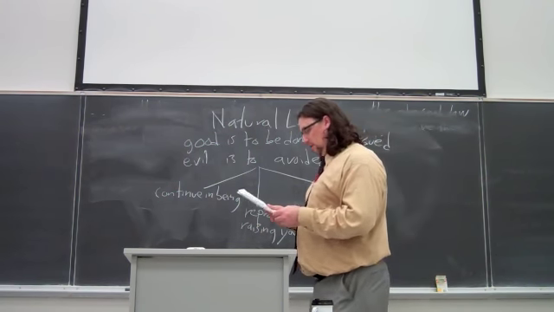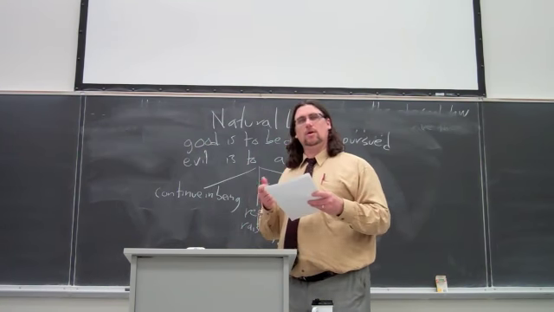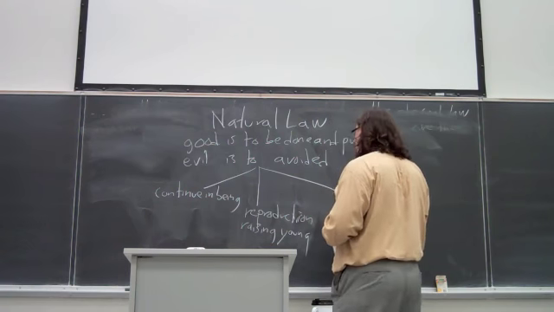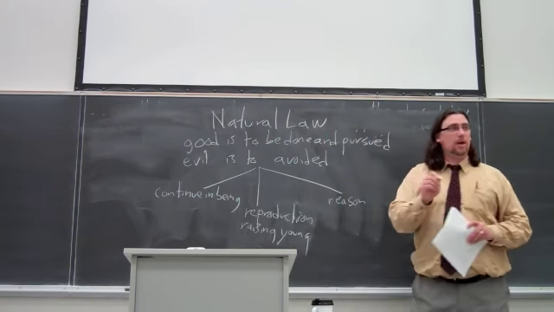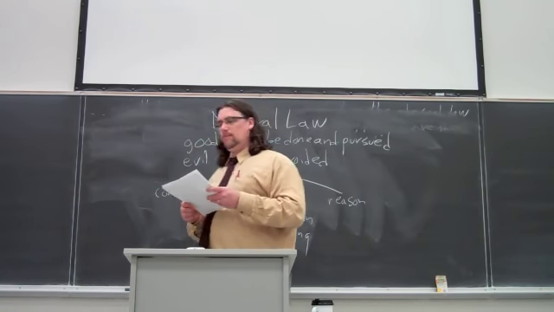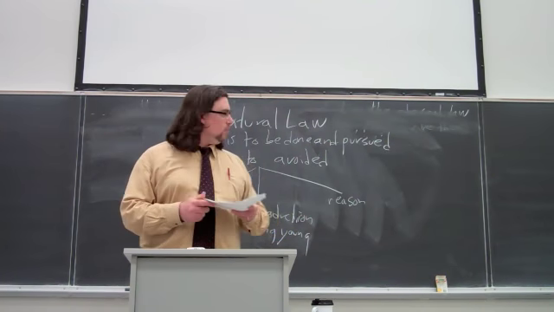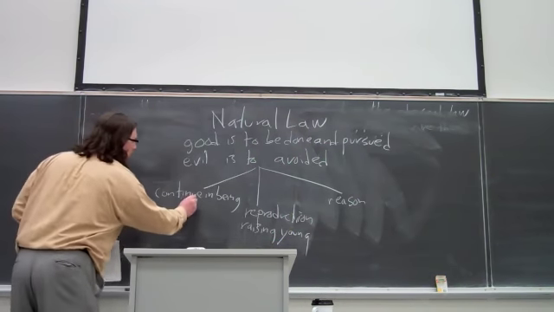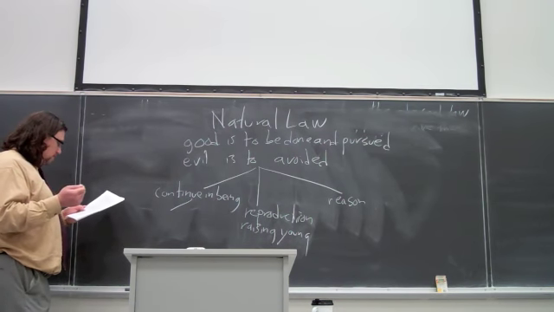The third thing that he talks about is an inclination to the good according to the nature of reason. What makes us distinctively human again? And each one of these takes a fairly determinate shape. So you want to make this a little bit more specific to continue in being. What can we derive from that?